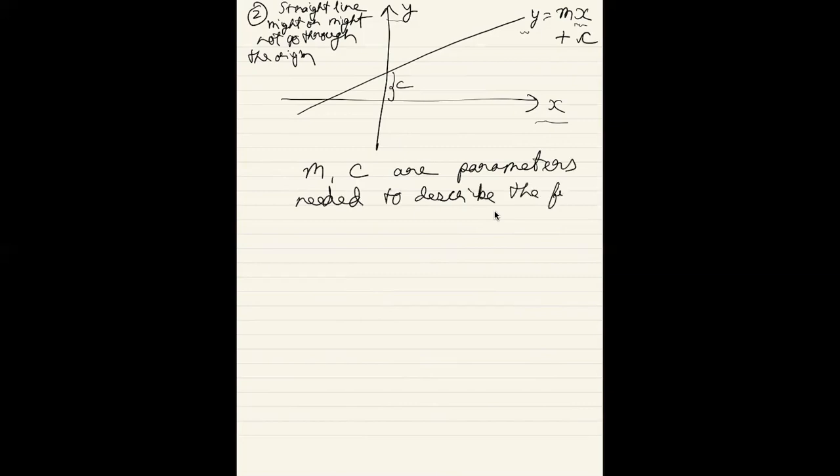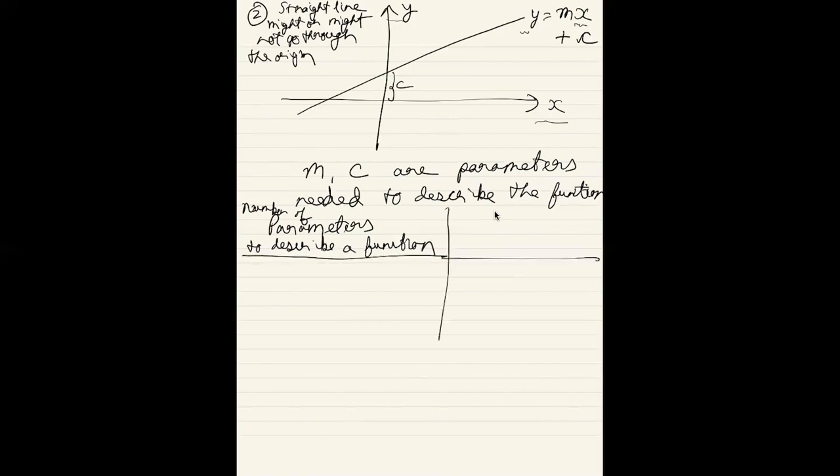So here's a little quiz for you that I would like you to self-administer, and then we are going to stop today's video. I want you to think about the number of parameters needed to describe a function for different functions.